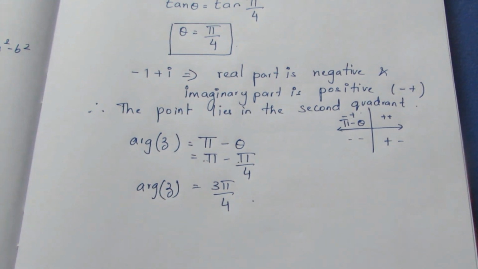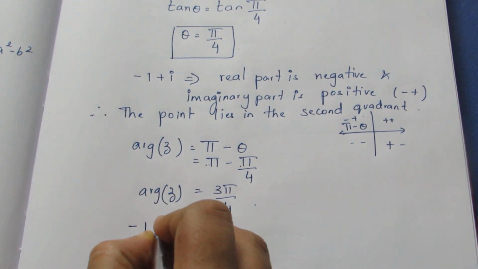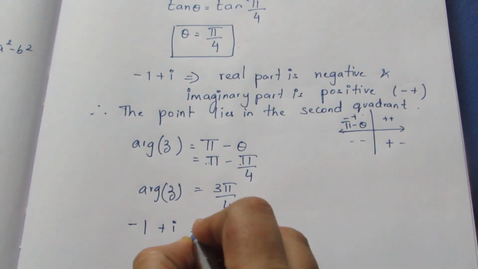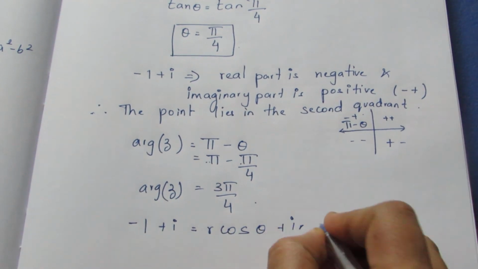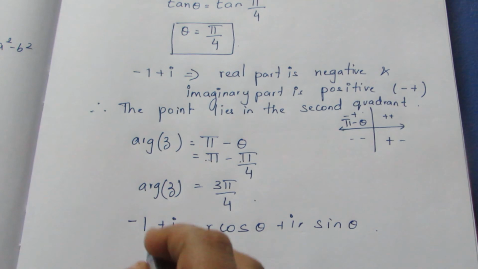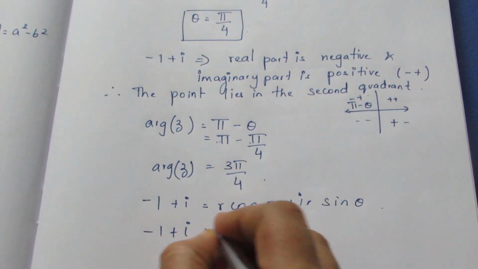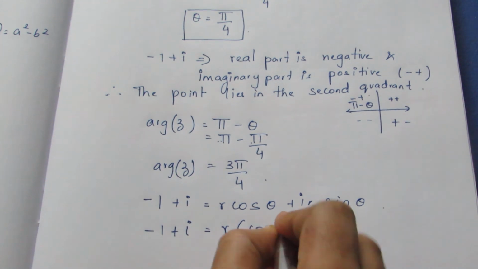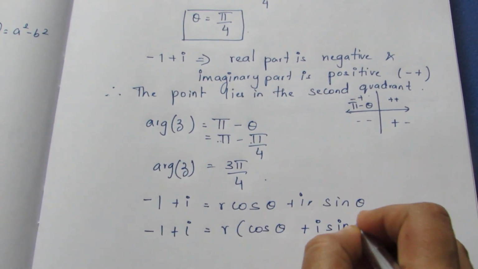Now substitute the value of theta. Here the theta value is your argument value. So we have minus 1 plus i. I am going to change this to polar form. We know the formula is r cos theta plus i r sin theta. Just substitute the values here. Taking r common, I get cos theta plus i sin theta.